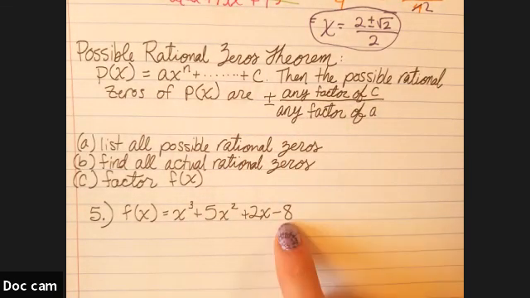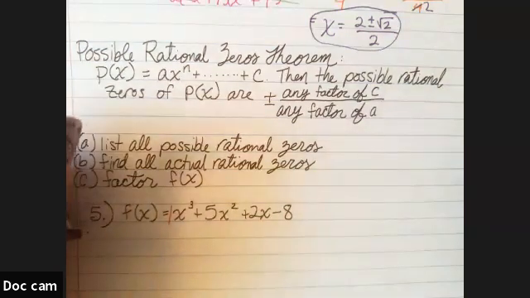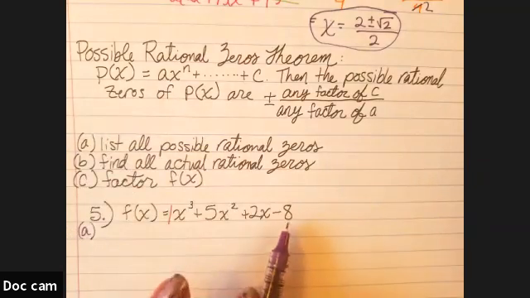All right, so in this case here, c is negative 8, and then a would be 1, invisible 1 right there. So when a is 1, that makes it a lot easier because the only factor of 1 is 1. So your possible rational zeros for this are basically just going to be plus or minus any factor of 8.